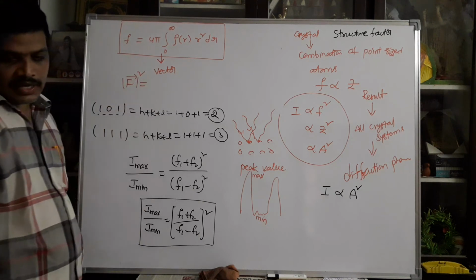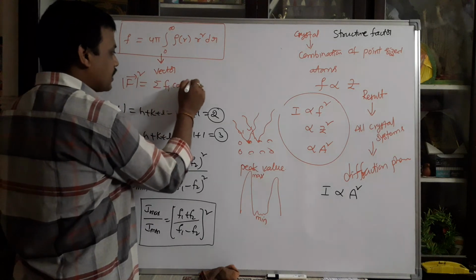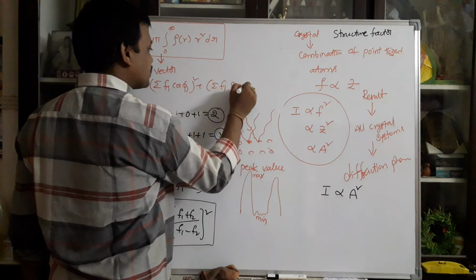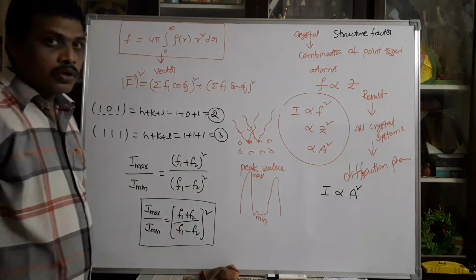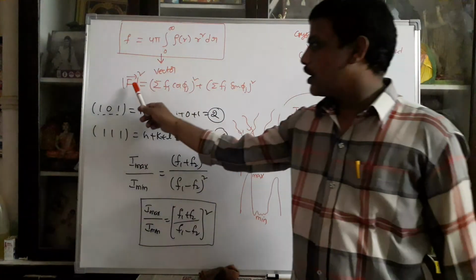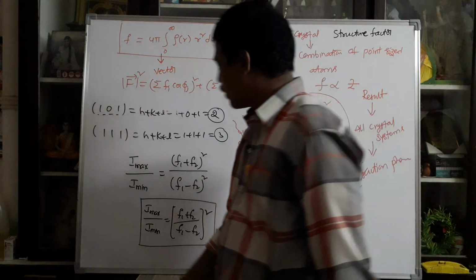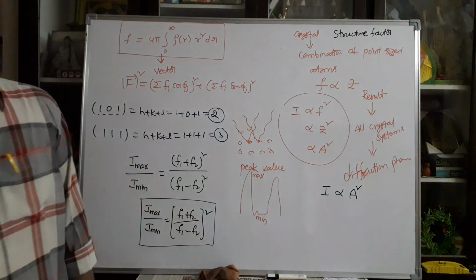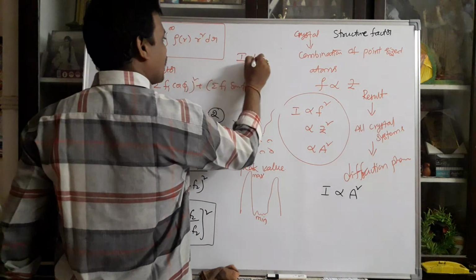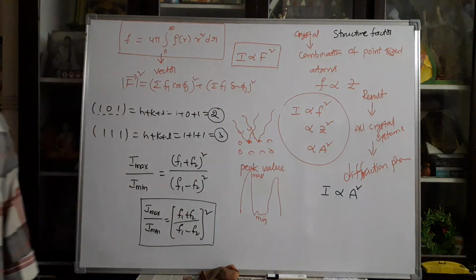From the horizontal and vertical component point of view, mod F bar square is equal to (sigma f_i cos phi_j) whole square plus (sigma f_i sin phi_j) whole square. In both normal form and conjugate complex point of view, you finally get the square of the form factor. The intensity value is always proportional to the square of the form factor.